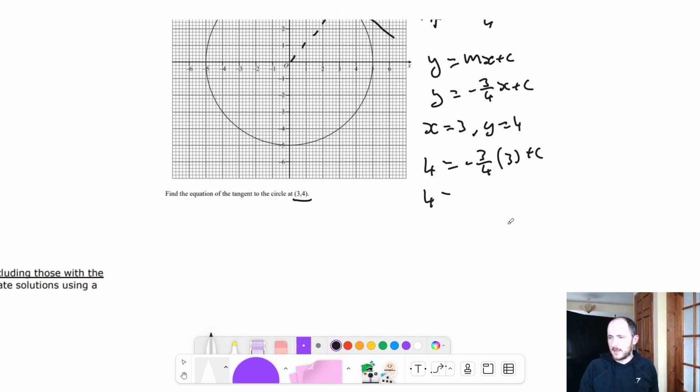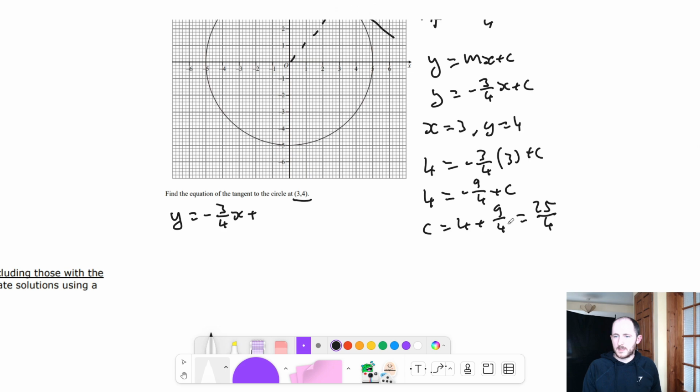Minus 9 over 4, because 3 times 3 over 4. So c is equal to 4 plus 9 over 4, which, remember, 4 as a fraction with a denominator of 4 would be 16 over 4, so that would be 25 over 4. So my equation for the actual tangent is y equals minus 3/4 x plus 25 over 4.